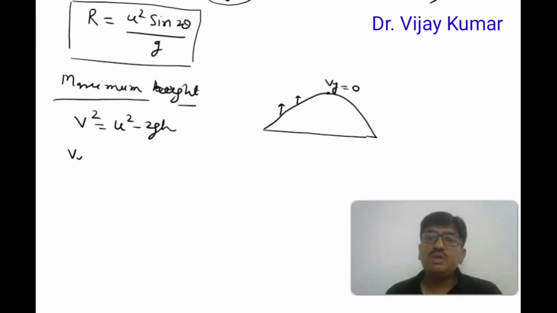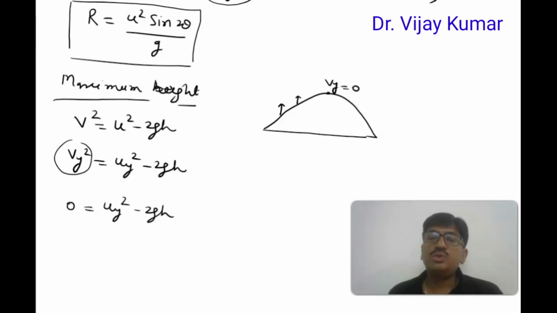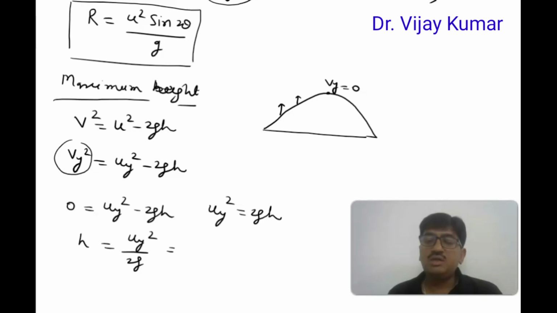So Vy square equals Uy square minus 2gh, with Vy equal to 0. So 0 equals Uy square minus 2gh, Uy square equals 2gh, and h is Uy square upon 2g, which is u square sine square theta upon 2g.